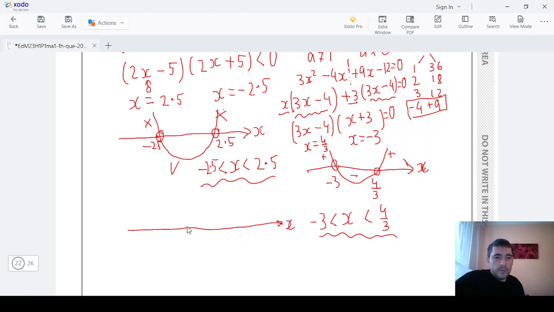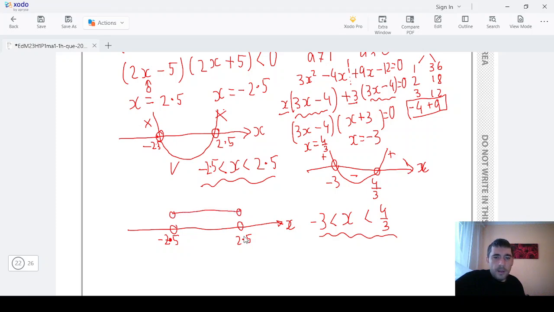So the first bit of the axis is between negative 2.5 and positive 2.5. So I've got this region.